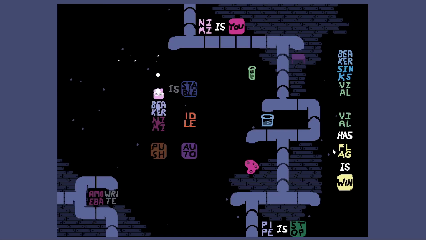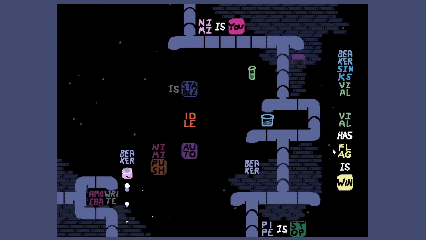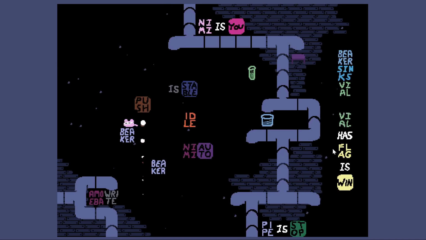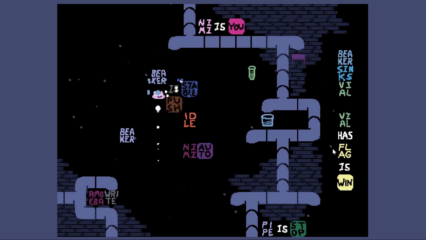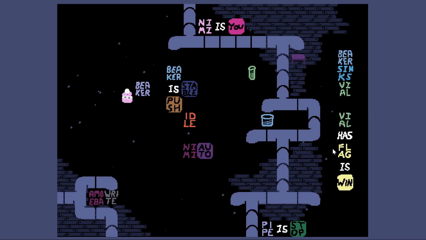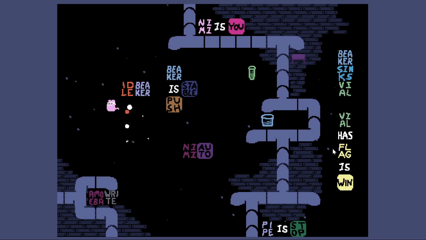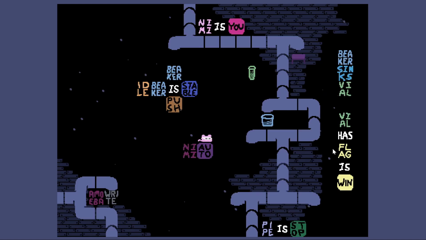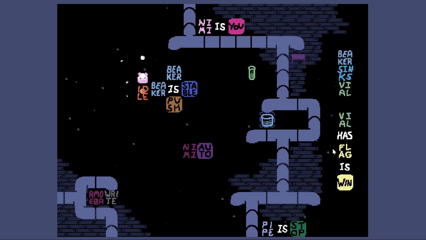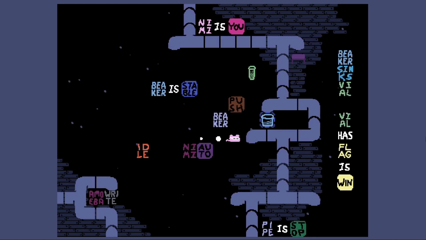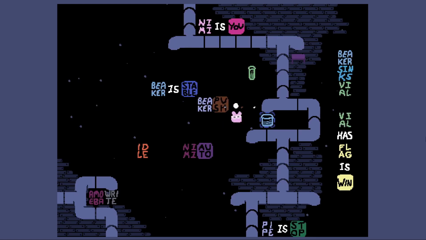So if I got the amoeba to write beaker instead, I can make you push and stable at the same time. I can make idle beaker is stable. I could just make beaker is stable and now be push. How does that do anything?